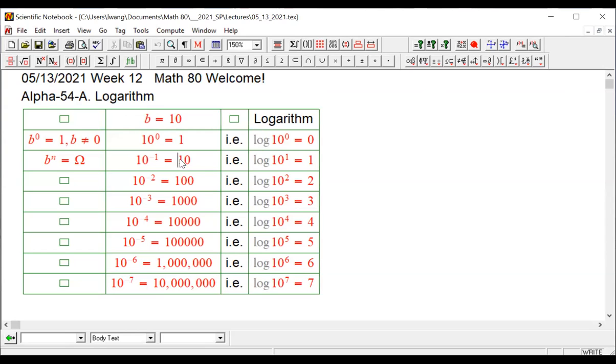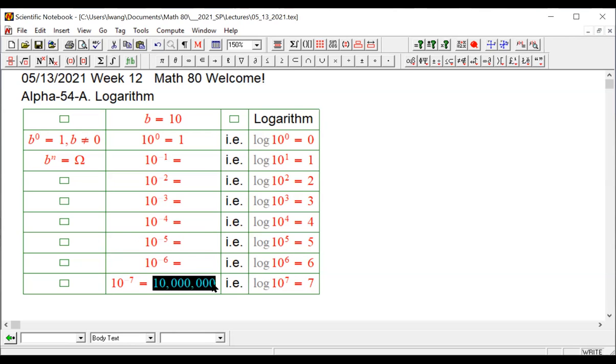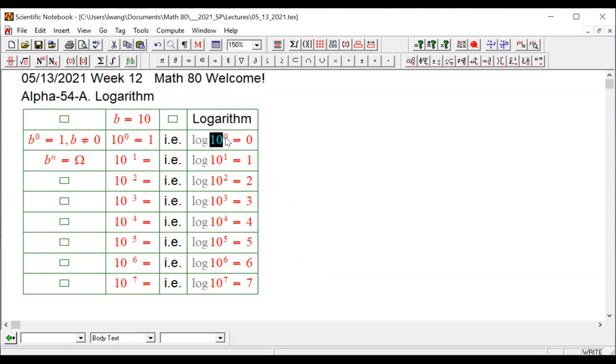And of course, all of these numbers will have to be rewritten. You can write them as a decimal or fraction, any which way you want. And all of these will have to be reworked.